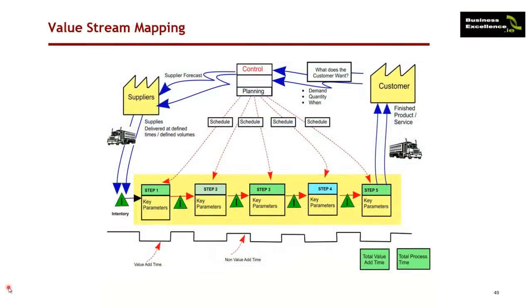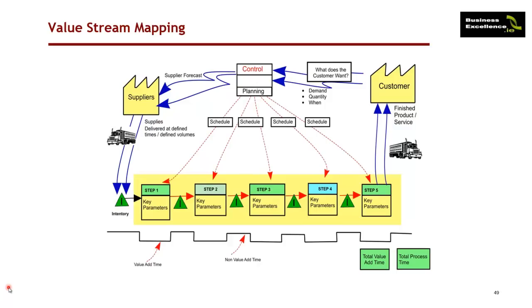Another important tool in the measurement phase is the value stream mapping tool. As discussed previously, the value stream mapping tool identifies the customer requirement, then it identifies how the controller is going to take that request and convert that into a product or a service that the customer is willing to pay for.